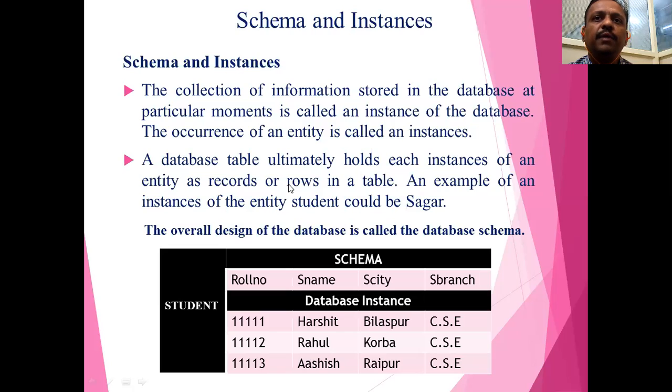A database table ultimately holds each instance of an entity as a record or row in the table. An example of an instance of the entity student would be Sagar. So here the table is given, that is the schema, and the records inserted are called the database instance.